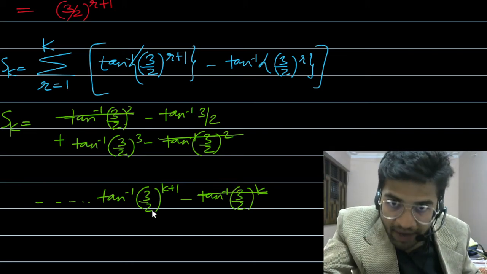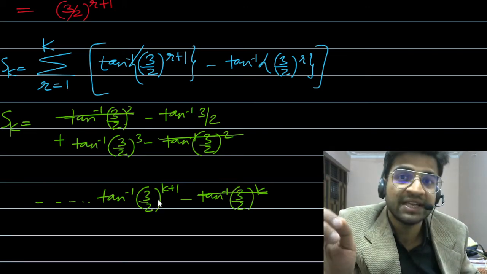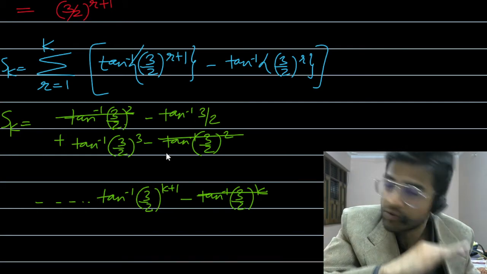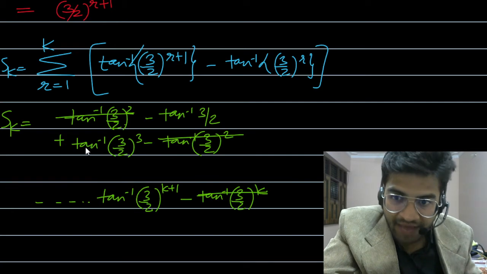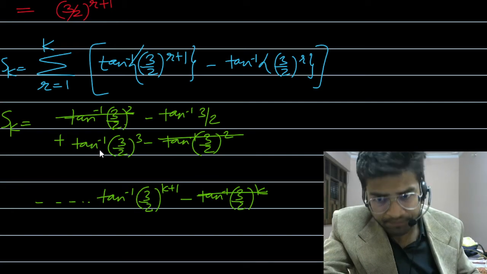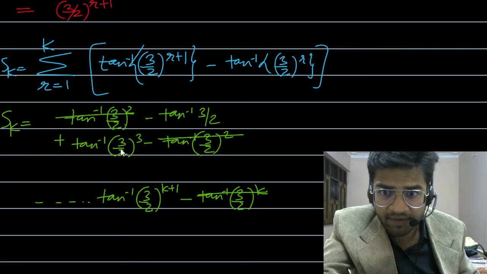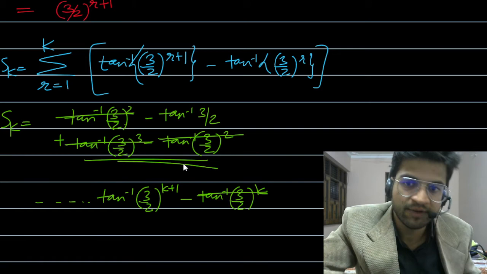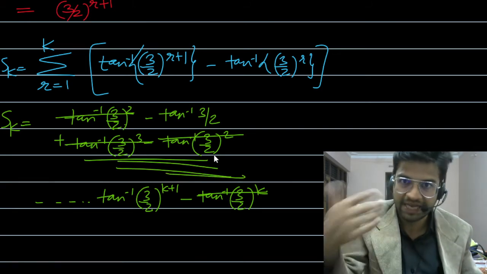Except for these two terms, all will get eliminated. You will have an additive inverse of tan inverse of 3 by 2 in the third part. Fine. So all other terms will get eliminated. I hope you know this telescopic method.